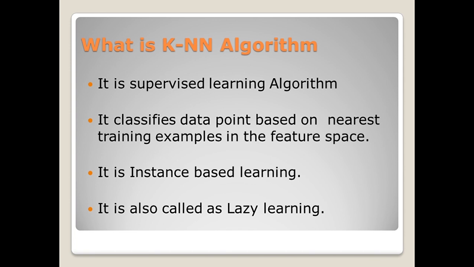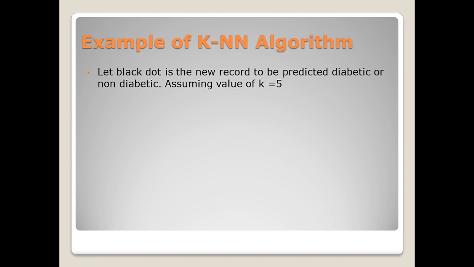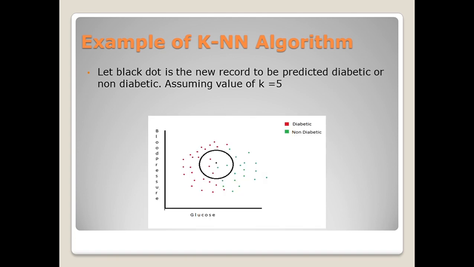To understand KNN, let's take a look at a simplified version of a diabetic dataset, generally used for prediction of diabetic and non-diabetic persons in the world. We want to train the system using KNN to automatically classify a new person as diabetic or non-diabetic.